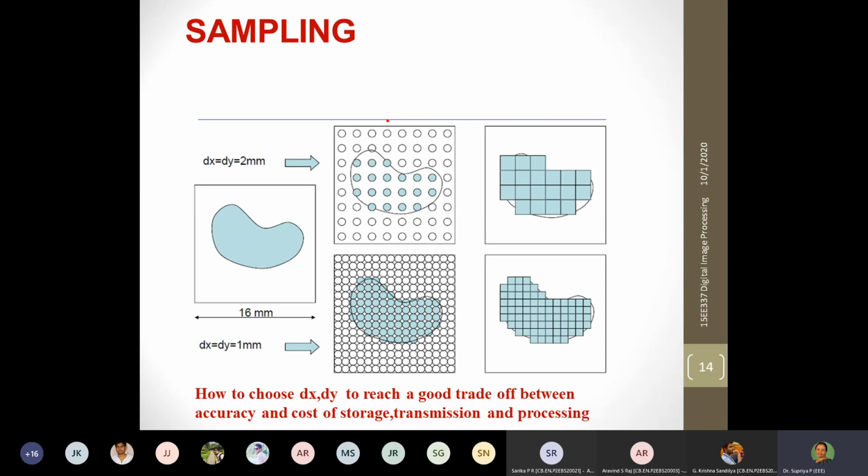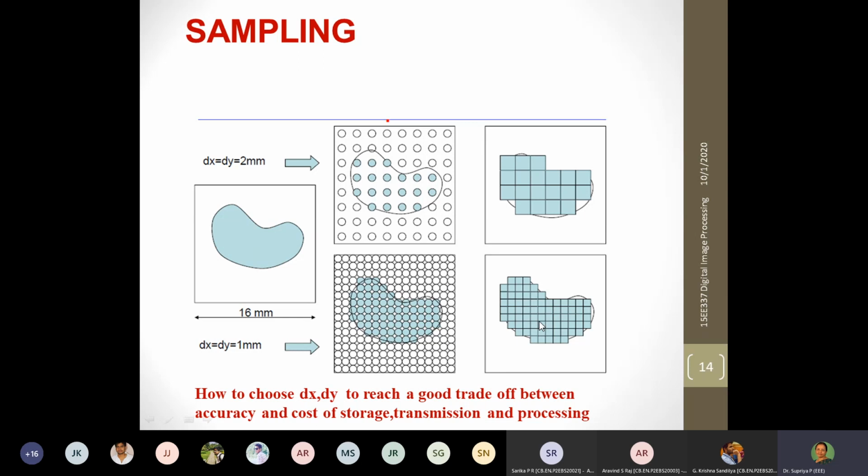So the basics of dx and dy is what is going to form the basics of sampling, wherein we are going to say that the distance between this and the distance between this is what is going to affect the sampling. We could see here that the distance is slightly closer.